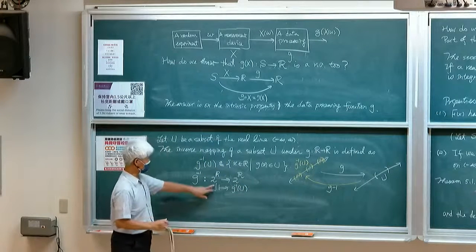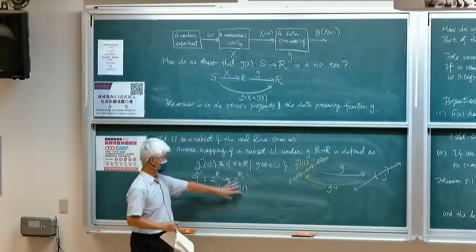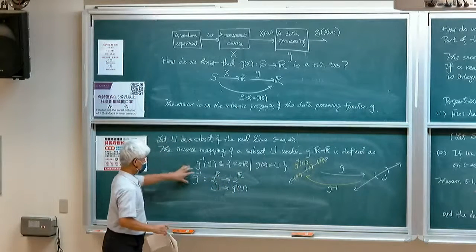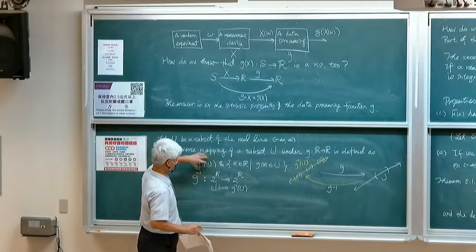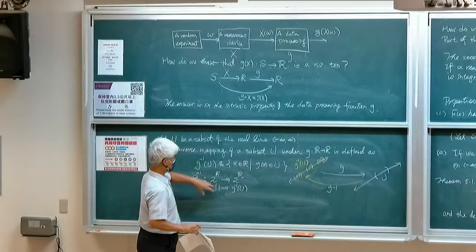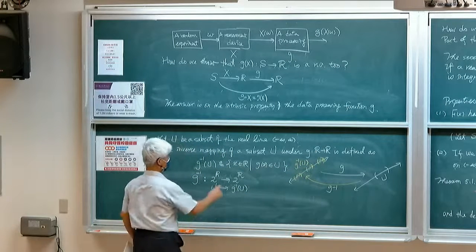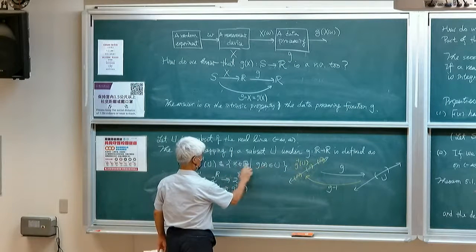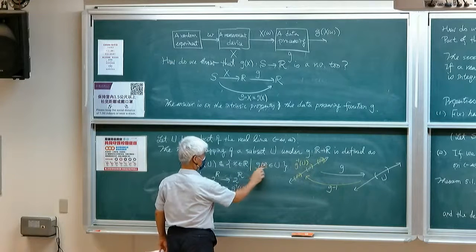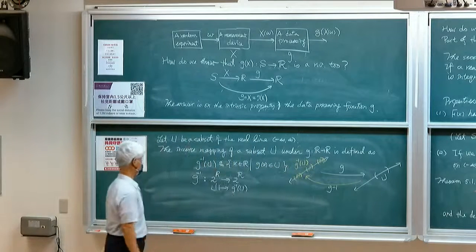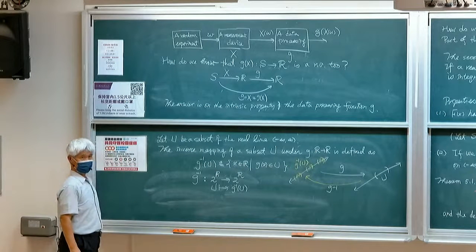U is a subset of R, going to another subset of R. And what is the subset in here? Well, we include all the x such that the function value is in U. So this is called the inverse mapping.